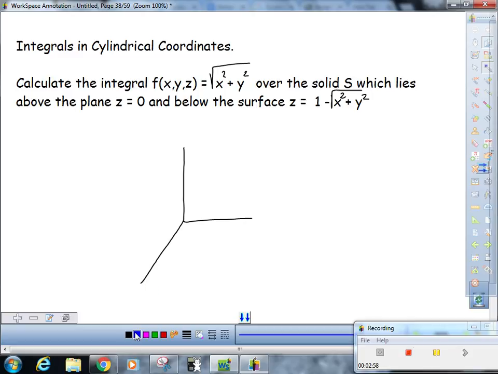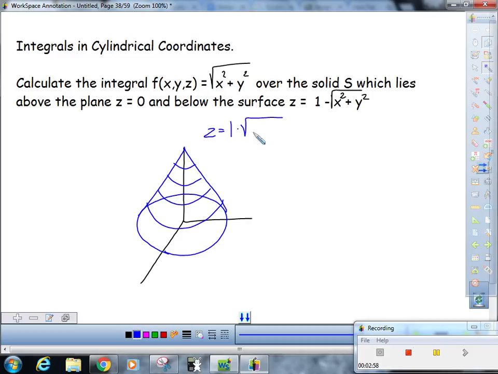So what this thing looks like is just, okay, so that is Z equals 1 minus the square root of x squared plus y squared, okay? Now, inside of there, you've got a varying density, and that's this equation.